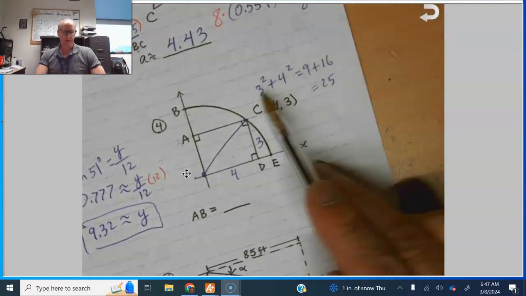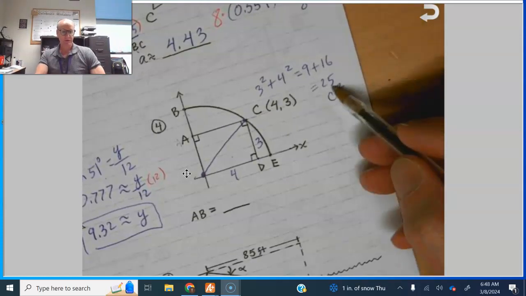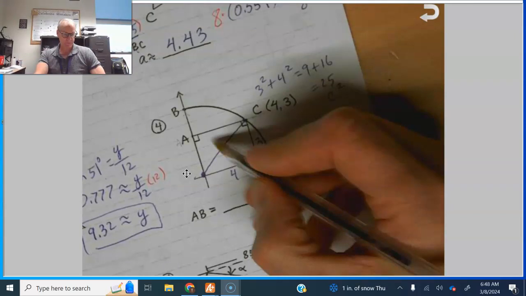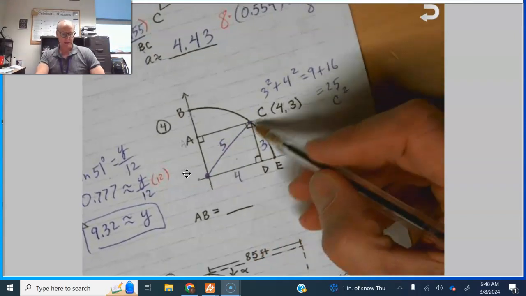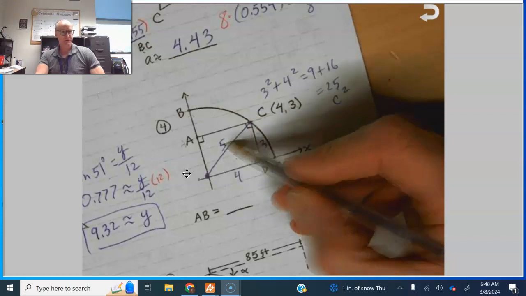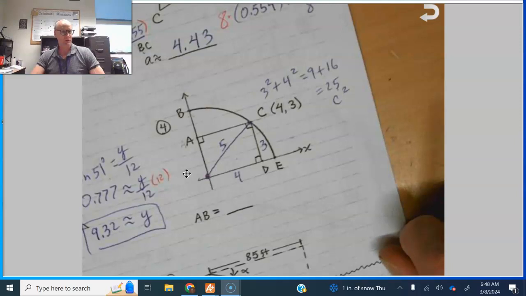Remember that a squared plus b squared is equal to c squared. So this third side is 5. Exactly. Not approximate or kind of. It's exactly 5. This is one you want to memorize. 3, 4, 5 is a Pythagorean triple.